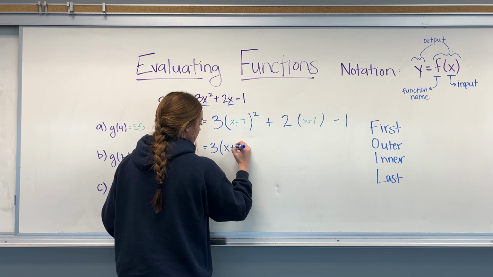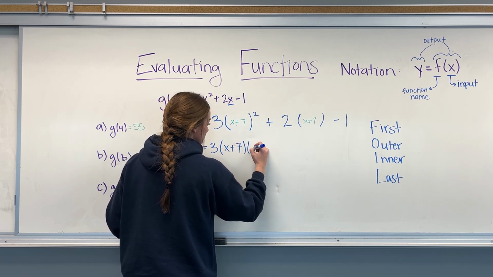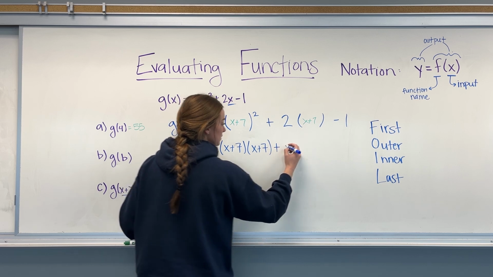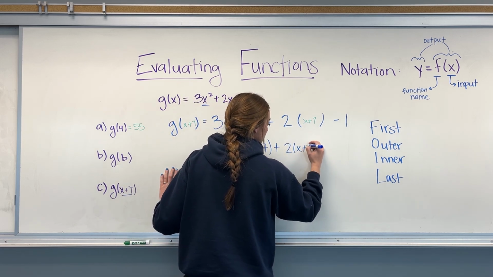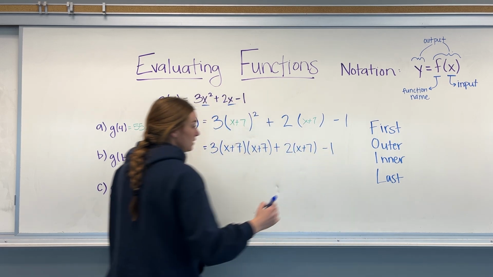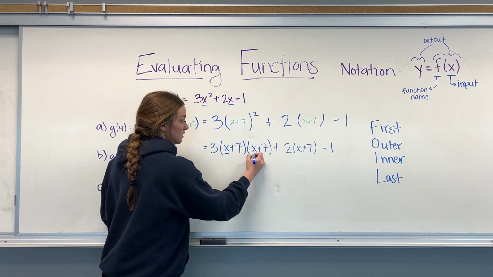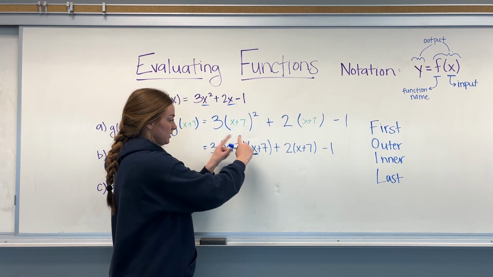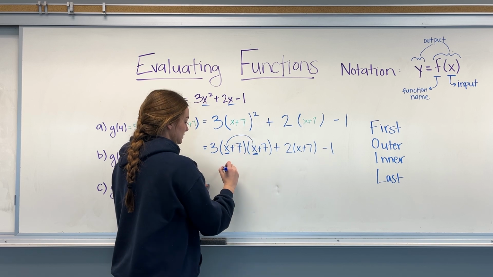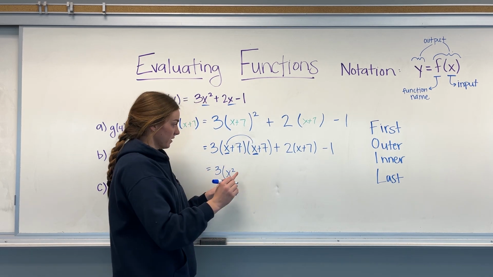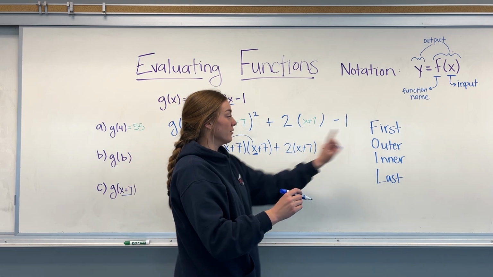We have x plus 7 times x plus 7, squared, plus. So starting with first, this means the first part of the binomial. So we multiply these two together. So x times x is x squared. And then we go to the outer terms.